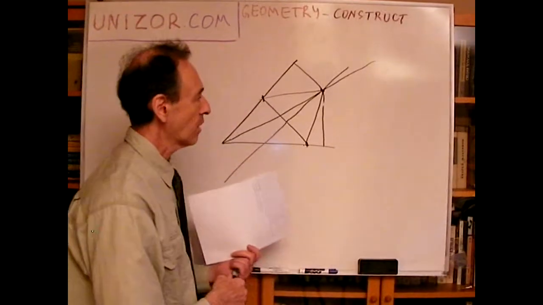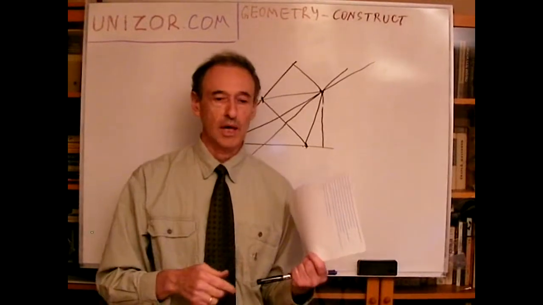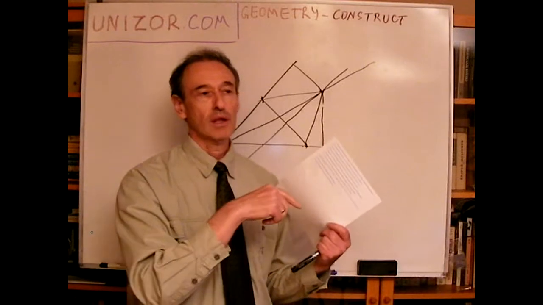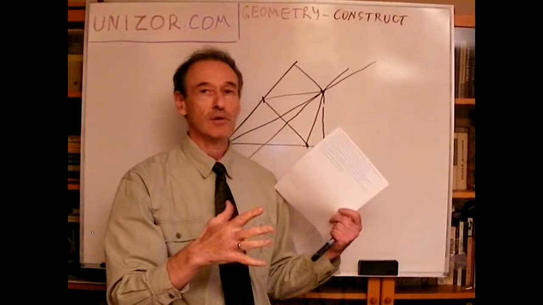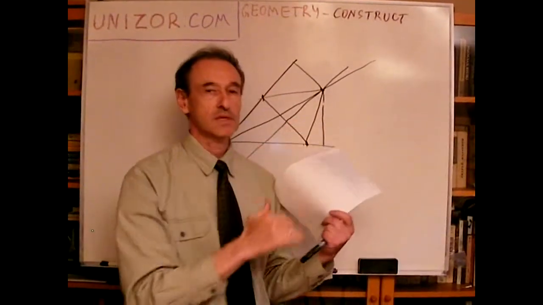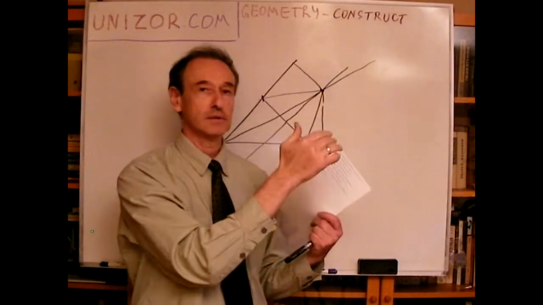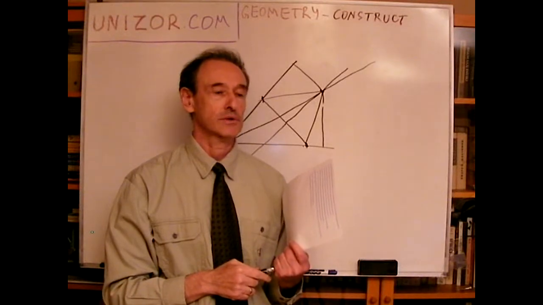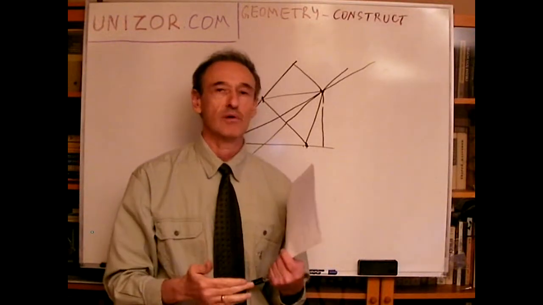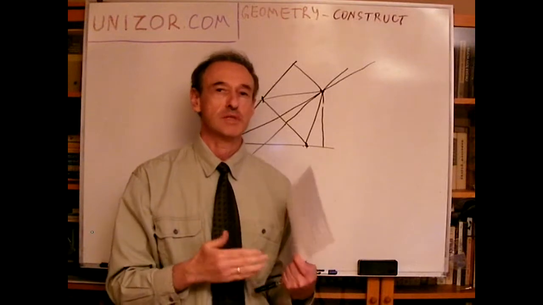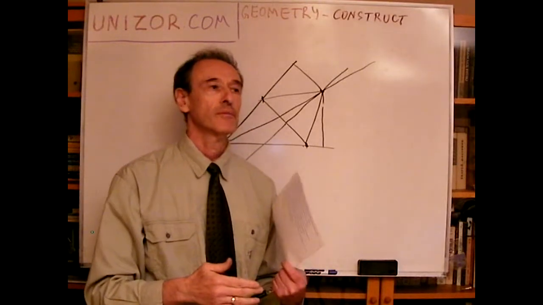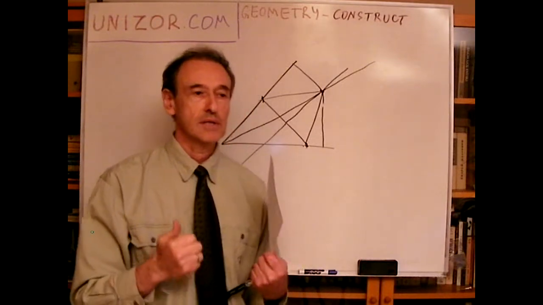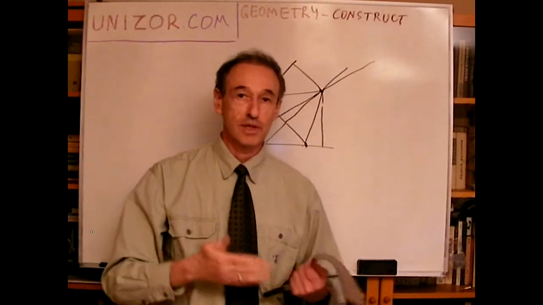Like if you remember in the previous task, where we had one side, the sum of two other sides and an angle, we basically constructed a bigger triangle, and then we decided how to find the point of the triangle which we really need to construct. So analysis is a very important thing. First you have to start with analysis of the construction problem, and then if you do it right, you will realize how to do the construction itself.